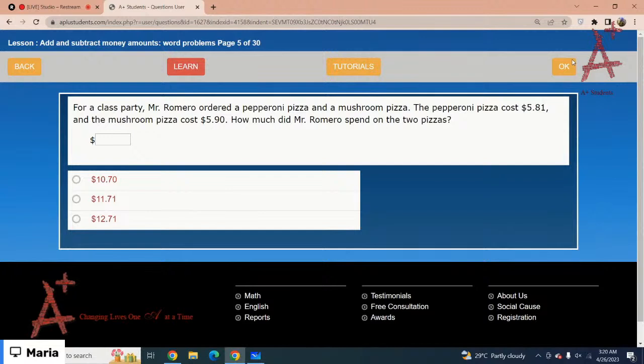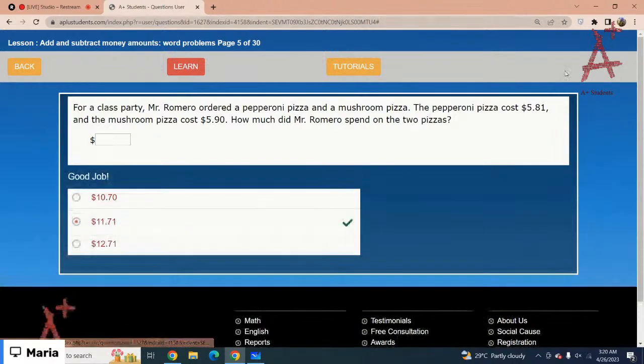The pepperoni pizza cost $5.81 and the mushroom pizza cost $5.90. How much did Mr. Romero spend on the two pizzas? So basically you have to add. Got it? That means you just have to add them. Got it? So it would be 11.71, the correct option. Very good.